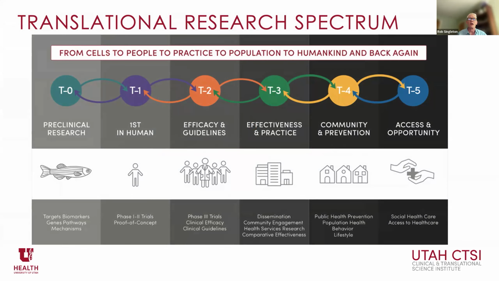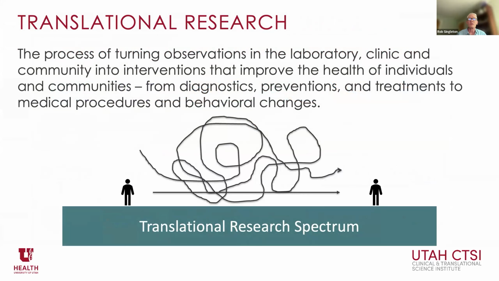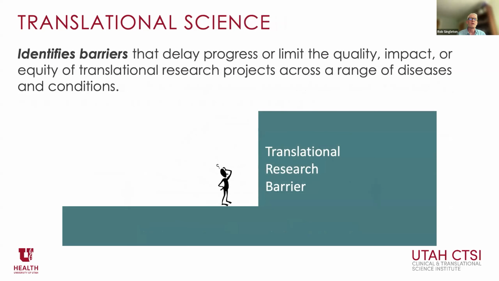And that can be anywhere along this spectrum. The concept of translational research is basically moving the ball forward in that translational research spectrum, and it can involve really any aspect across that spectrum.